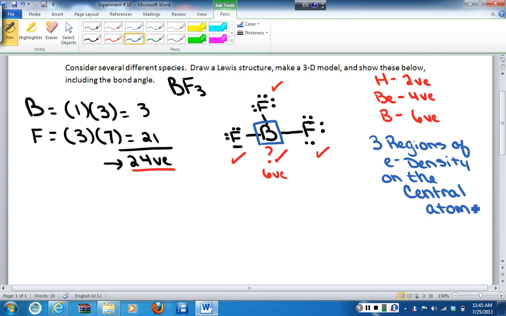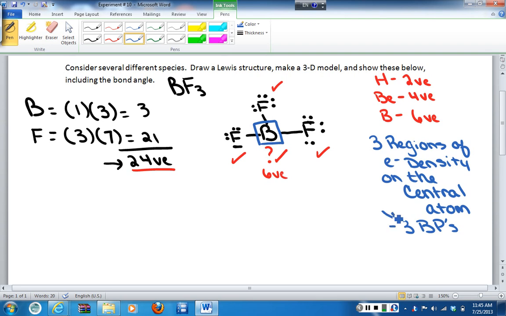So we see that we have 3 regions of electron density, and all 3 of them are bonding pairs, and I'm going to abbreviate bonding pairs with BP. So when we think about our 3D models and the ones that we've learned in lecture, we know that there are 2 possibilities for our geometry for this particular molecule.